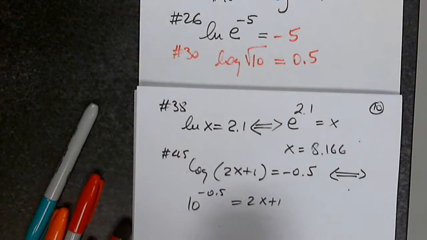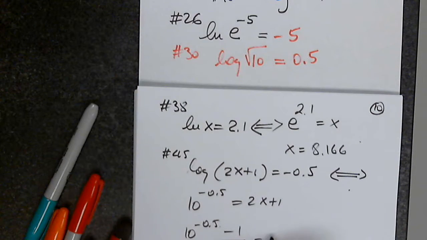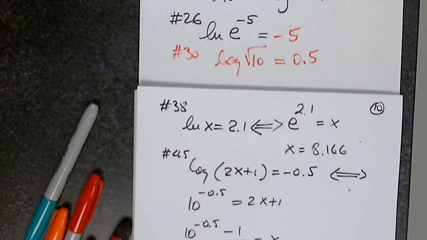Awesome. So 10 to negative 0.5 minus 1, divided by 2 will be x. Let's punch it in. Please put parentheses around the numerator in the calculator. Put 10 caret in parentheses negative 0.5.